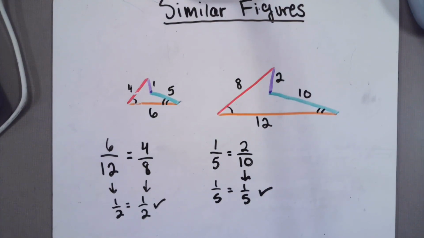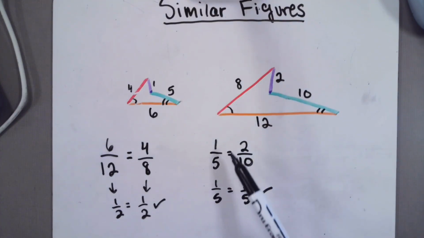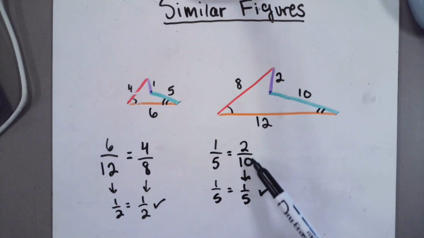So that's how we can show proportionality between the sides of two figures, by showing that the ratios of their sides are equal. So either setting up proportions where we have fractions of corresponding sides from different figures, or setting up proportions where we have sides from the same figure corresponding to sides from another figure.